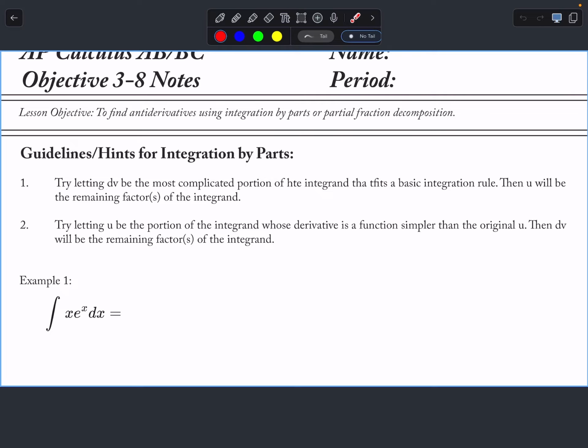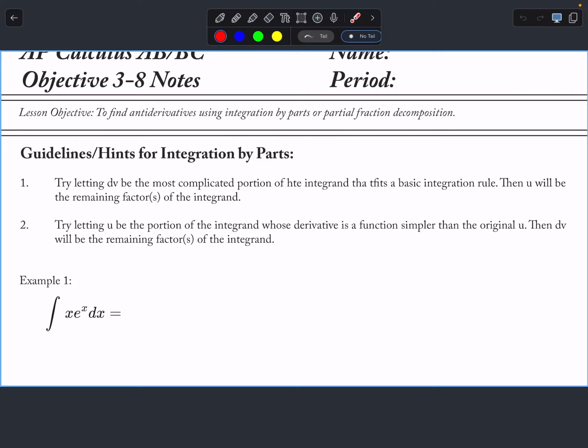And while I may quiz you on this topic, I will not test on it. So your test will only have what you guys did in 3-2 and then u-substitution. I will only test on integration by parts and partial fraction decomposition to the BC students, not to you guys.